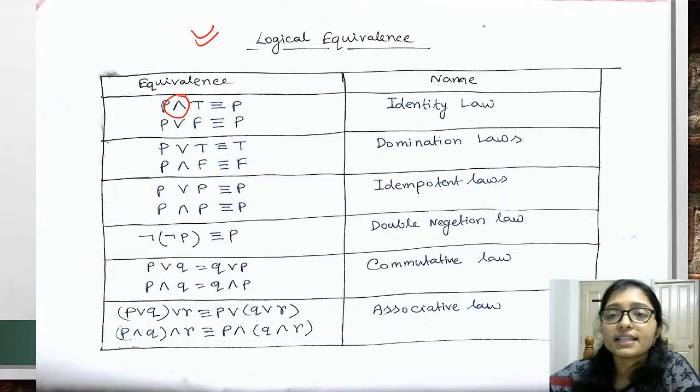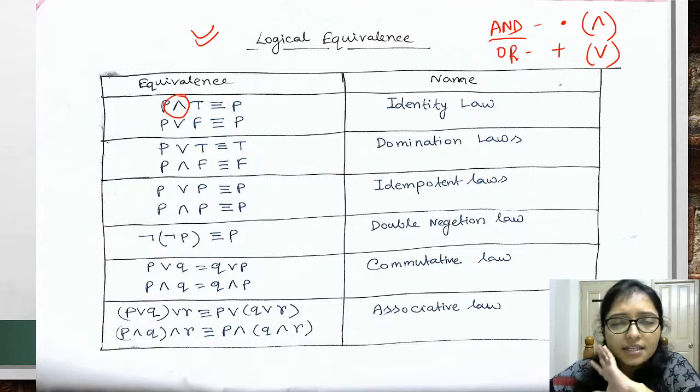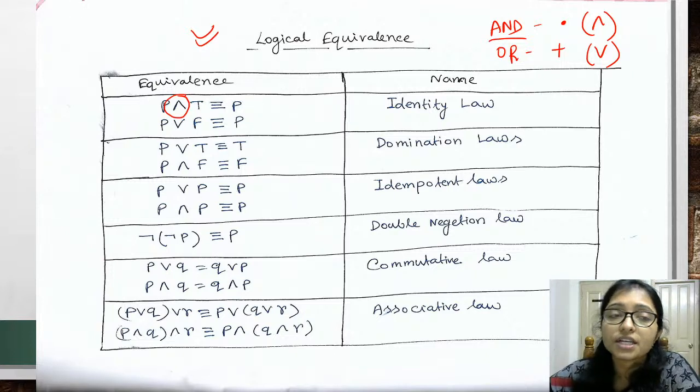In digital logic, for AND we write a dot, and here we write it like this. And in digital logic we write OR as plus, and here we write it like OR. Others are all the same. So if this concept is clear, then from digital logic also some simplification questions are coming.